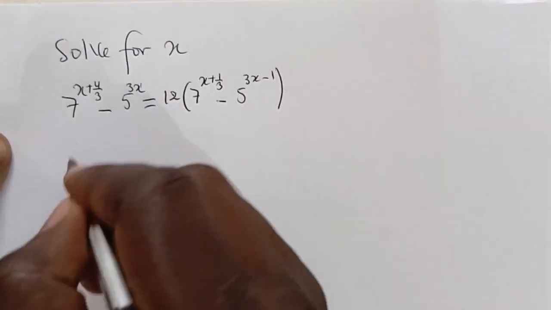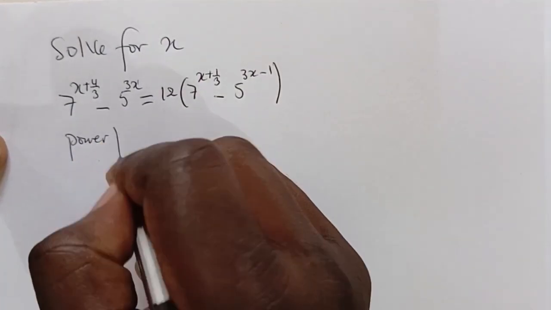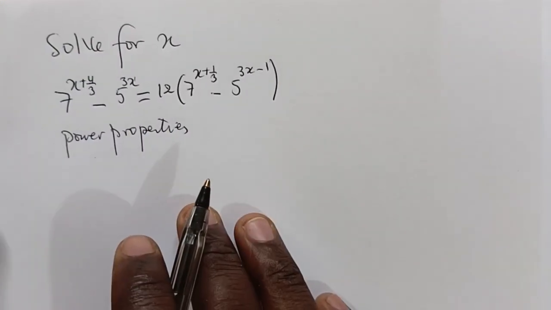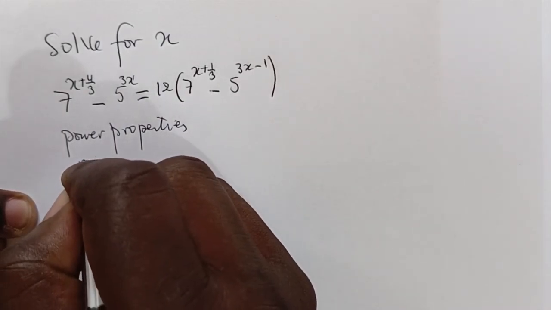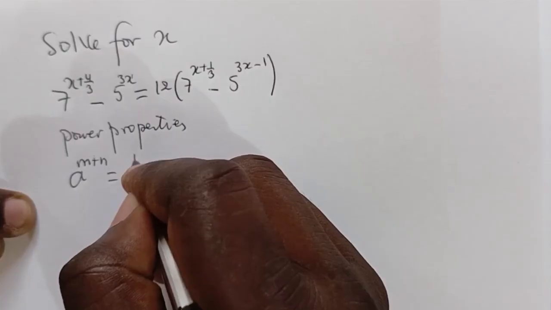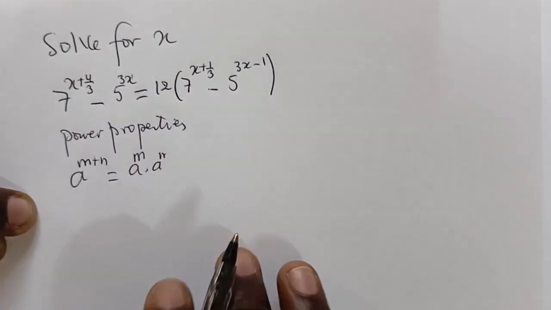To do this, we need the power properties. I will remind you, when having a to the power of m plus n, this is a to the power of m times a to the power of n.